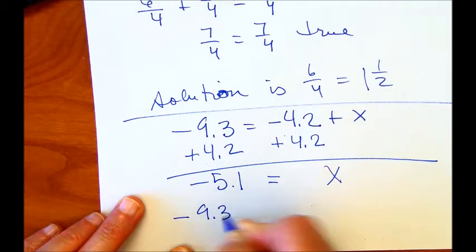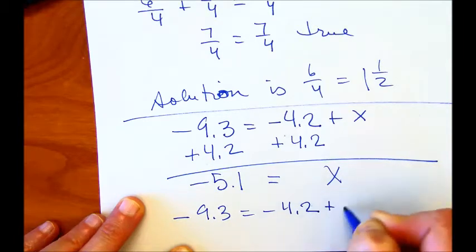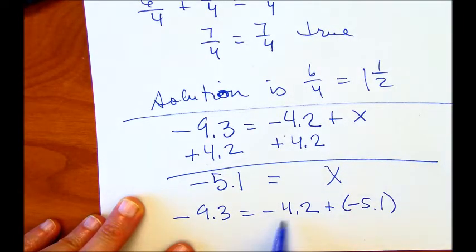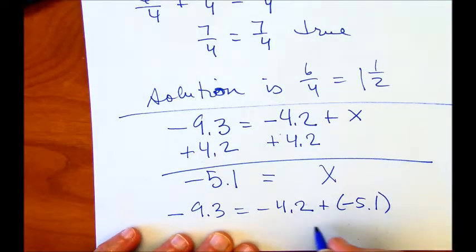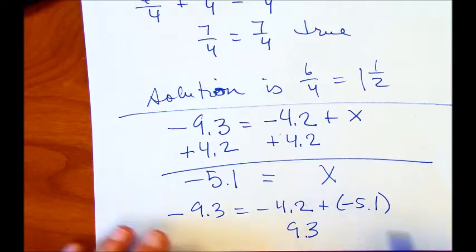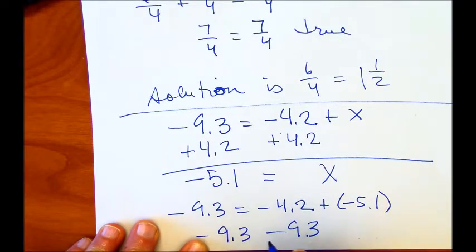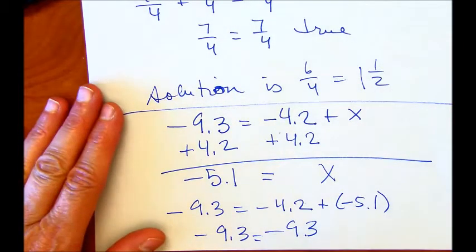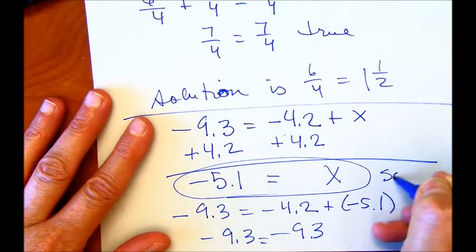Negative 9.3 equals negative 4.2 plus negative 5.1. When I'm adding two negatives, I'm just going to add them together, and it will be negative. That's going to be 9.3. Negative 9.3 is equivalent to negative 9.3. And so my solution is not the 9.3. It's going to be this number here, negative 5.1. Okay, that's my solution.